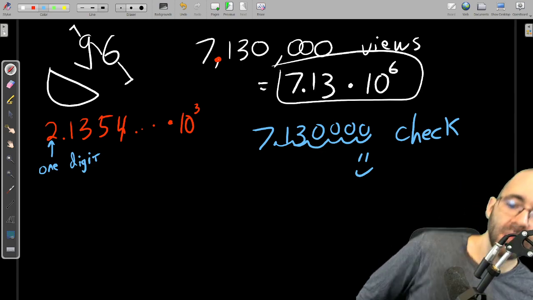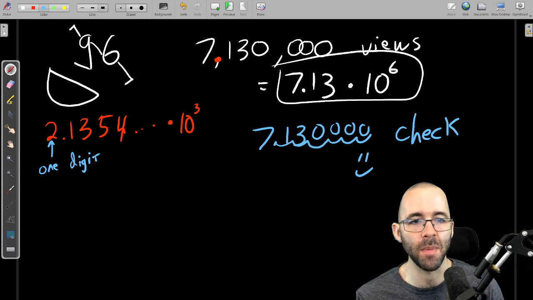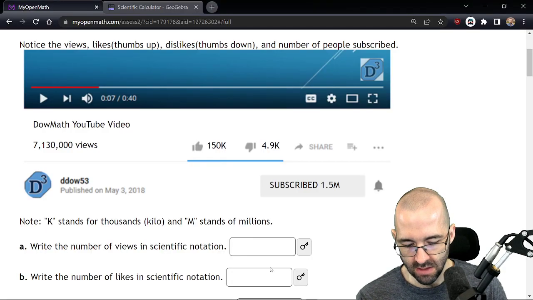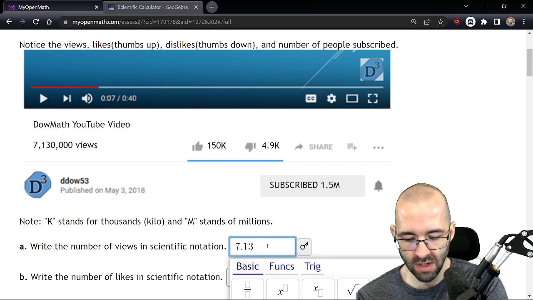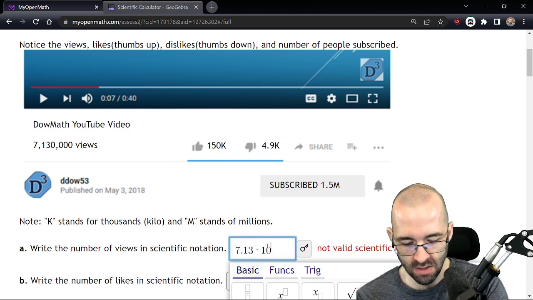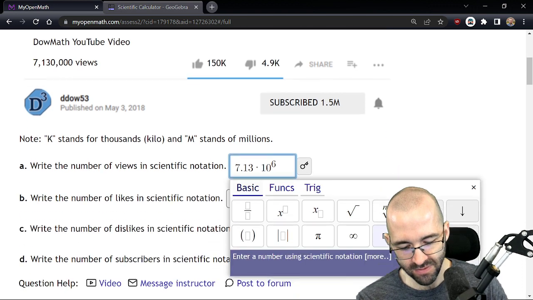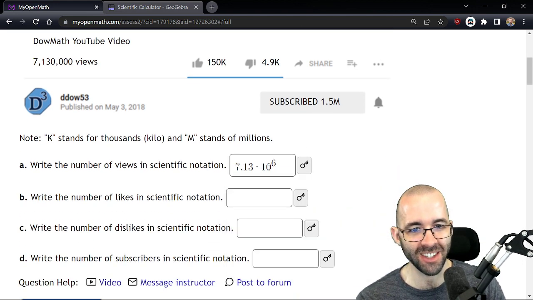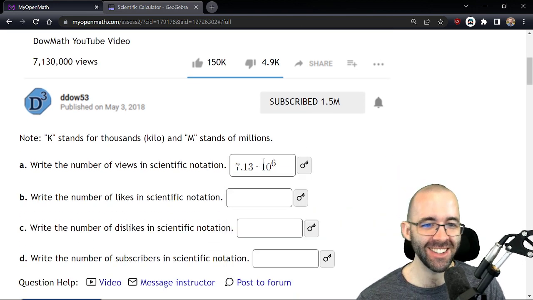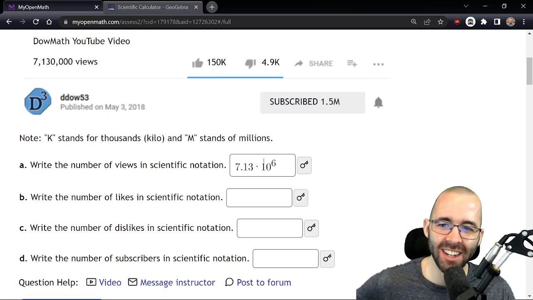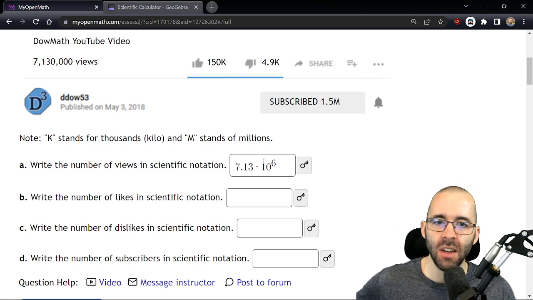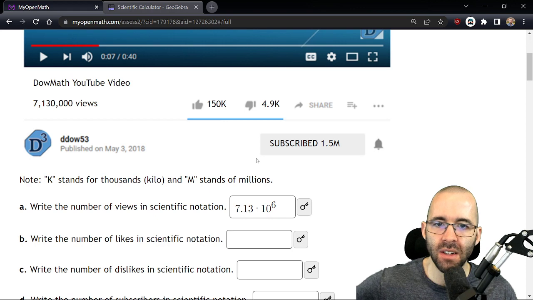Got the same thing. Let's type it in and see what MyOpenMath thinks. 7.13 times 10 raised to the 6. Ooh, I thought they were going to get mad at me for using the dot instead of the X sign. Okay. We can go on like this as well.